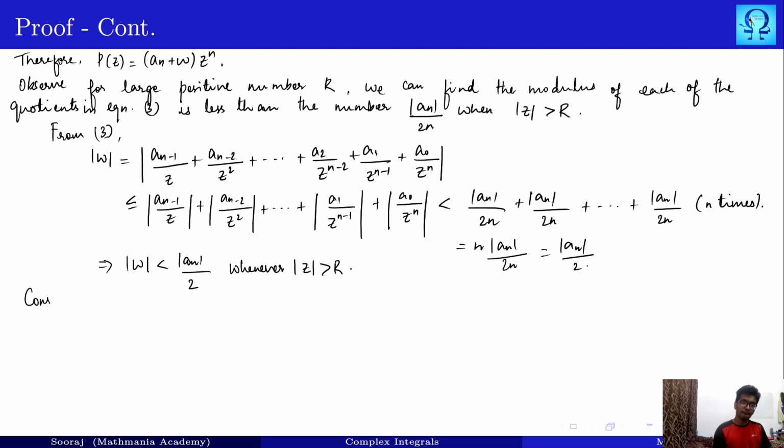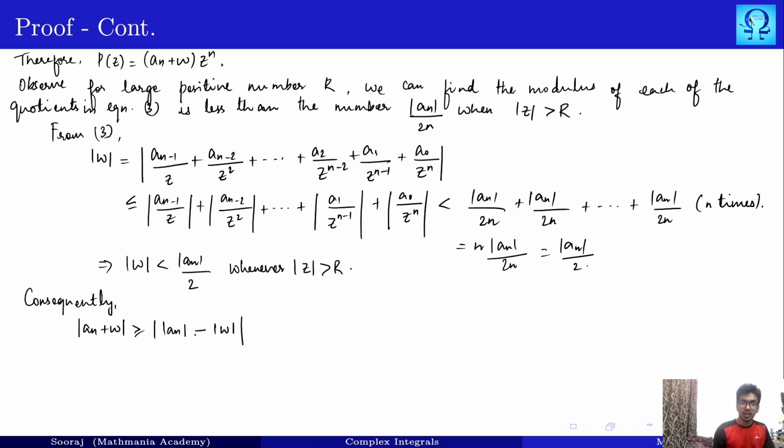Consequently, absolute of an plus w is bigger than or equals absolute of an minus absolute of w, under the whole absolute sign, right?